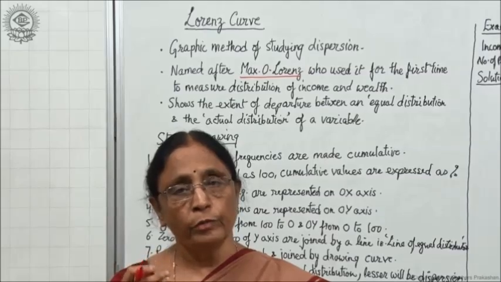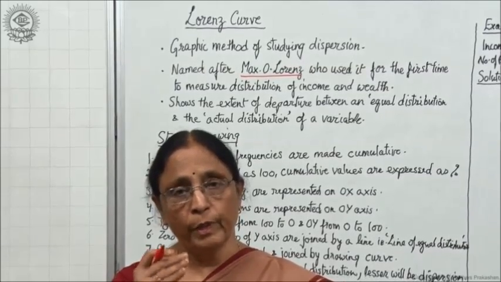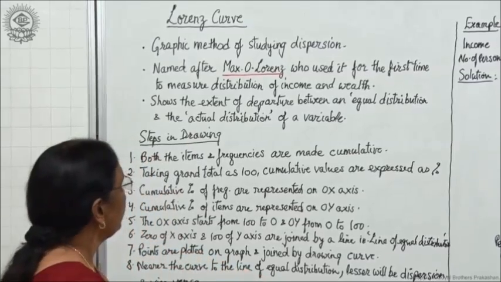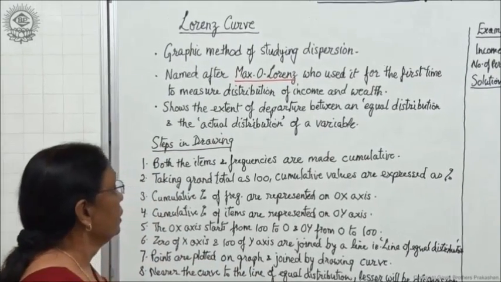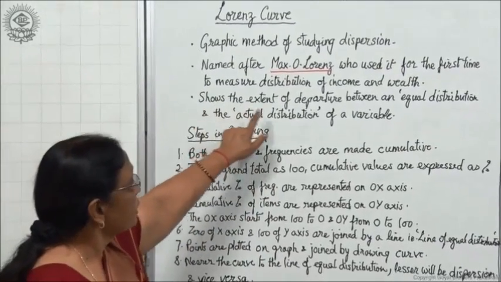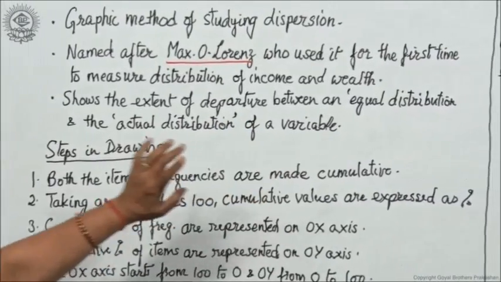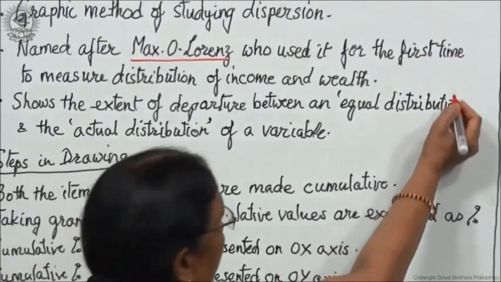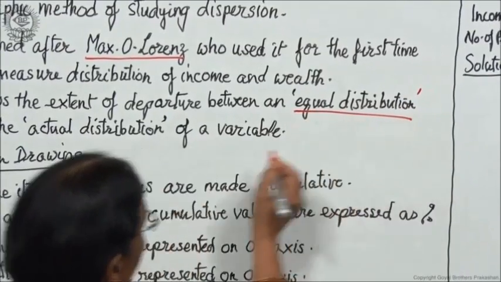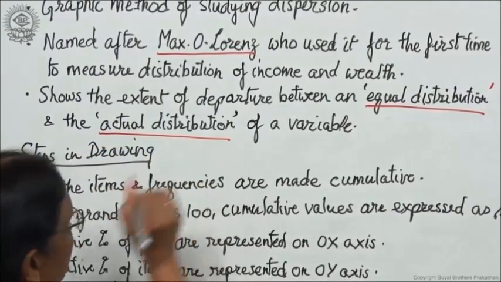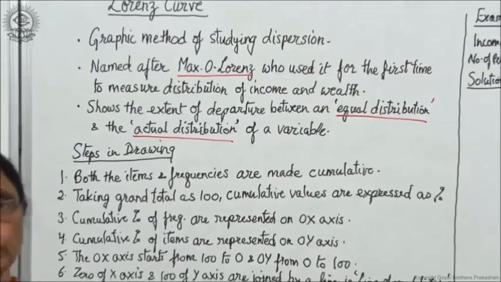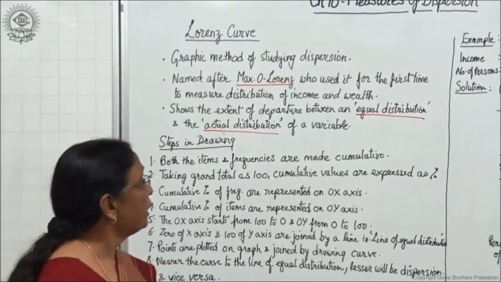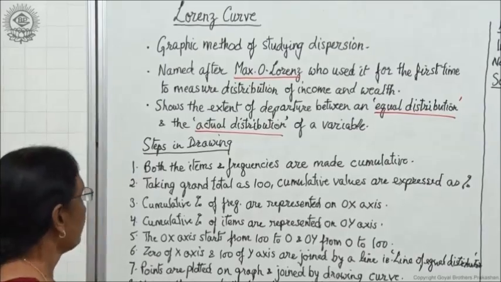The departure from equal to actual is shown by the Lorenz curve, right? So it shows the extent of departure between an equal distribution and the actual distribution of a variable. What it should be and what it is, that is stated by the Lorenz curve.